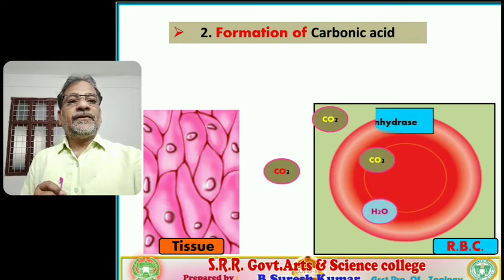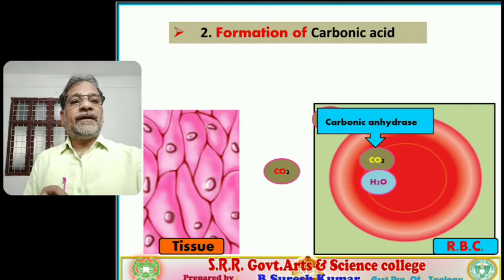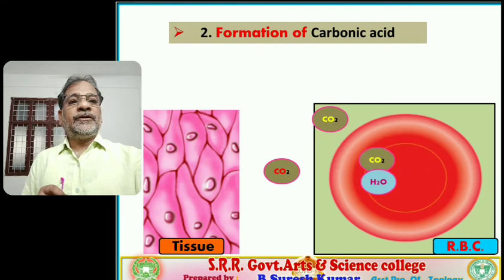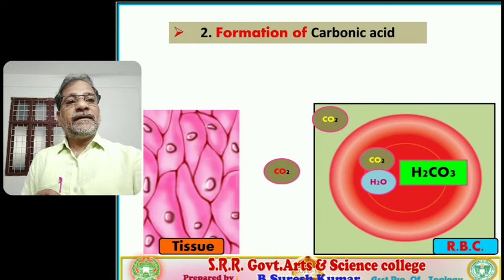CO2 is going to diffuse into RBC, and by the influence of carbonic anhydrase the H2O molecule and CO2 molecule combine and produce H2CO3. So this is the formation of carbonic acid. The second event is restricted to the Hamburger phenomenon.